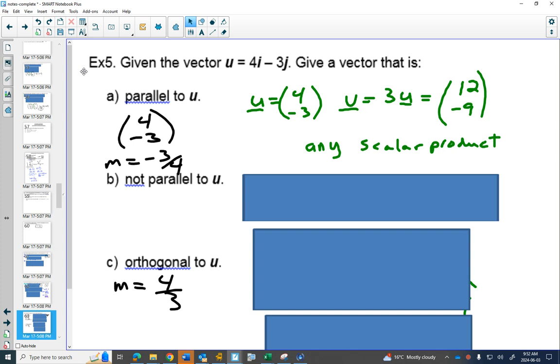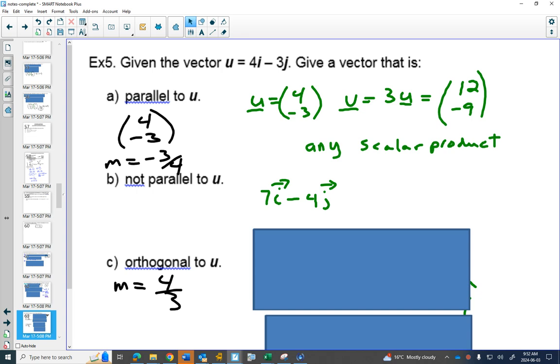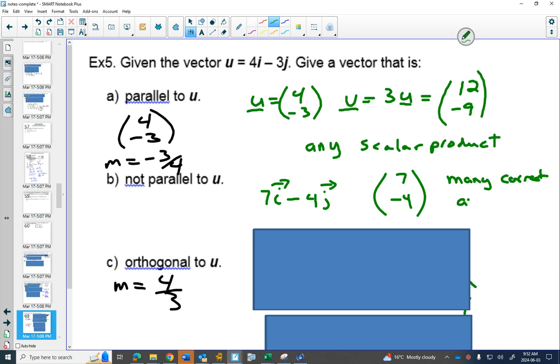So any number, as long as, right? Or you could just change one of the numbers. You change one of the numbers, you're for sure not going to be parallel to what you started with. Maybe you want to make a note. There's many correct answers to this one.